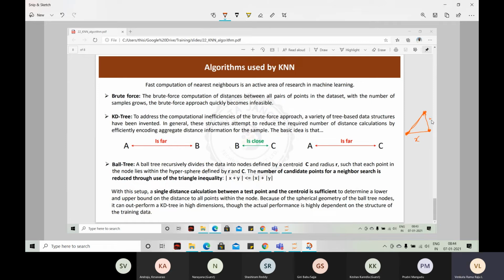The distance between this and this is y. The distance between this and this is z. Okay. So now x plus z must be less than or equal to x plus y.